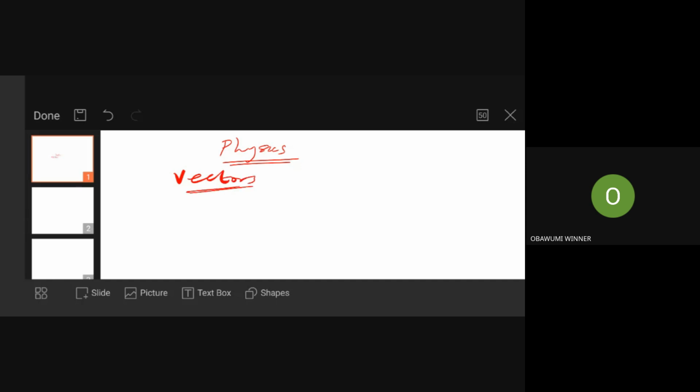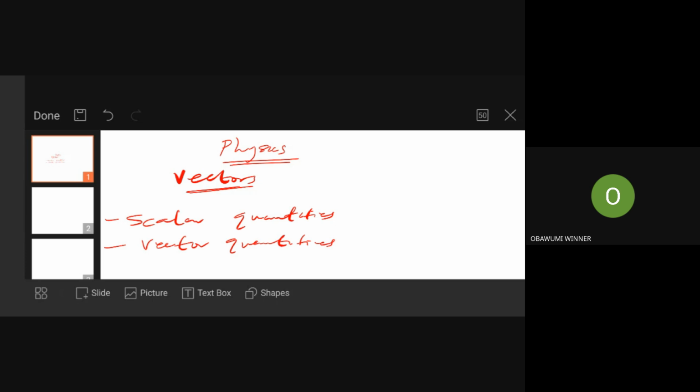Vectors. I want to believe an average student here should know what a vector is. Primarily, quantities in physics are split into two types. We have the ones we call scalar quantities, and we also have the ones we call vector quantities.